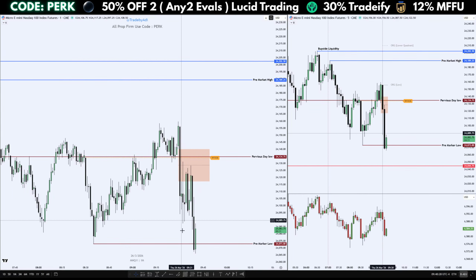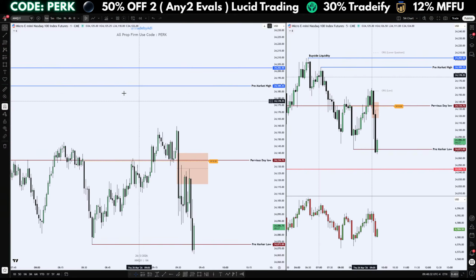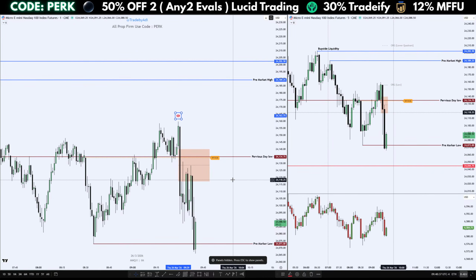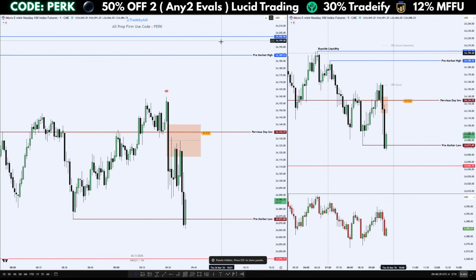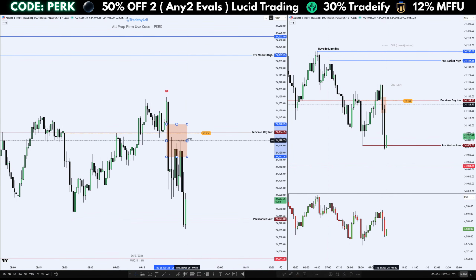Now we want to see some kind of structure to target these equal highs. This high. If we get a good structure, then we are going to look for the buy. This fair value gap has done the damage already.